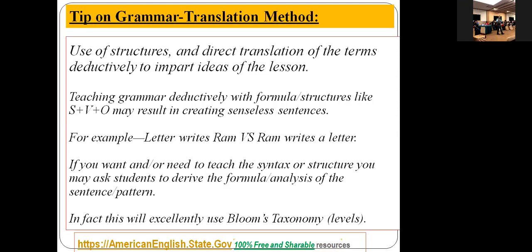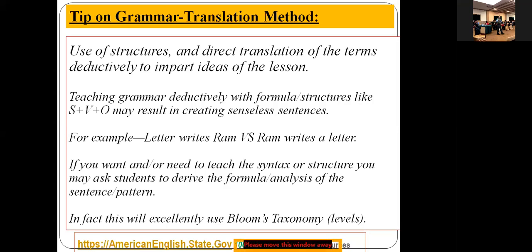So if we train students to use the authentic and actual language, then there is a high chance that the students will be able to learn correct language easily and fast. I also have a note here.